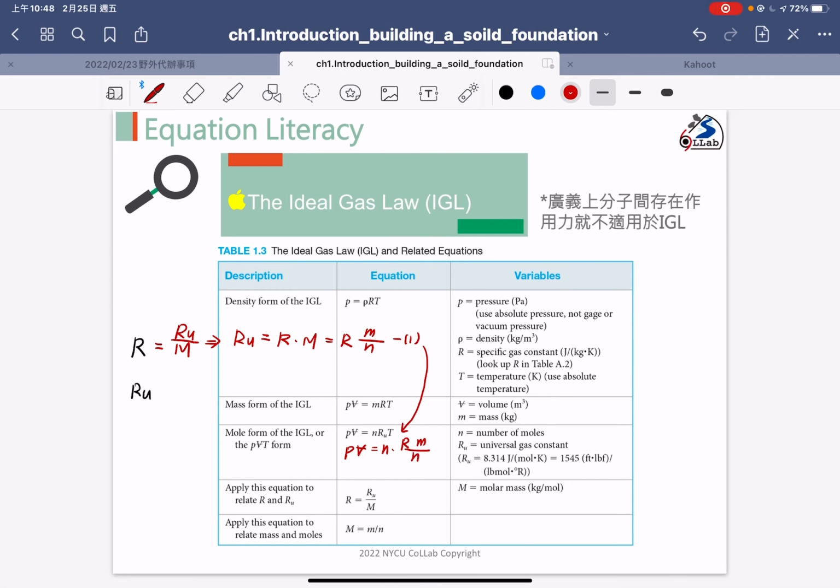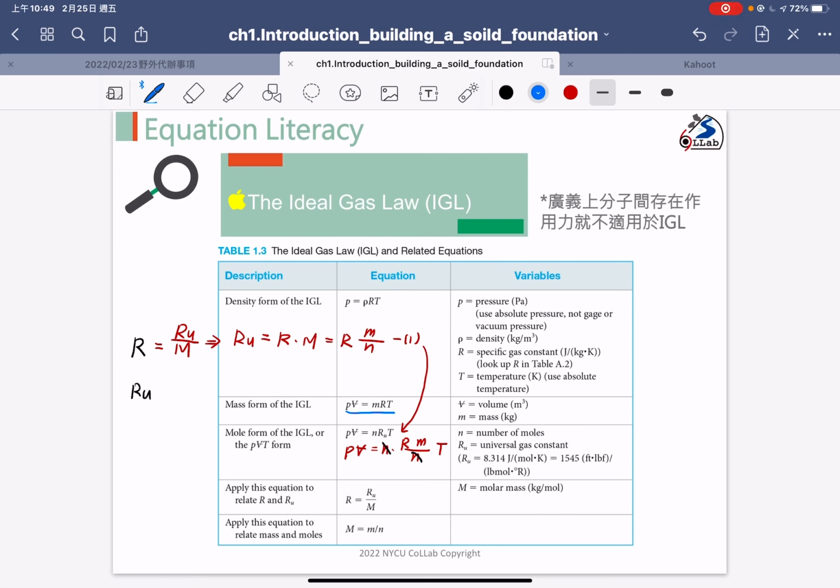So right now we can cancel out the moles, and the ideal gas law can become different formulas. As you see, it becomes PV equal to nRT, right? Because the moles cancel out.